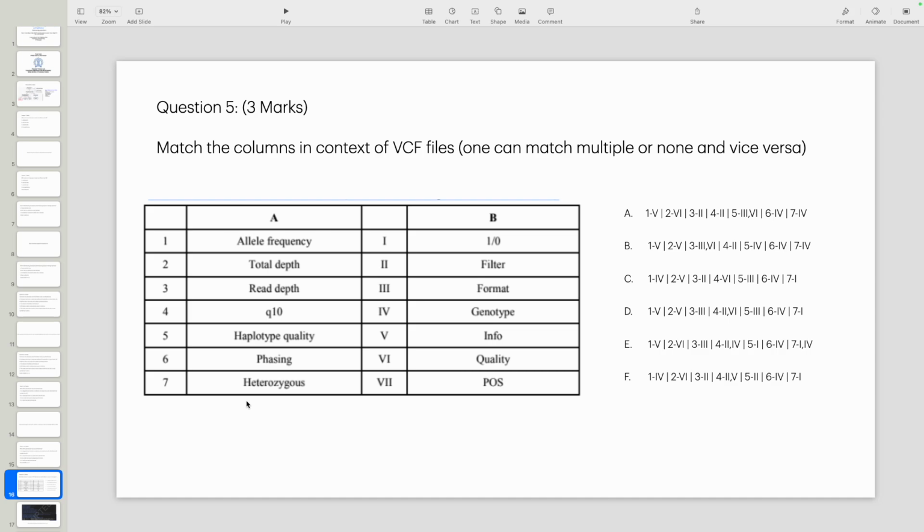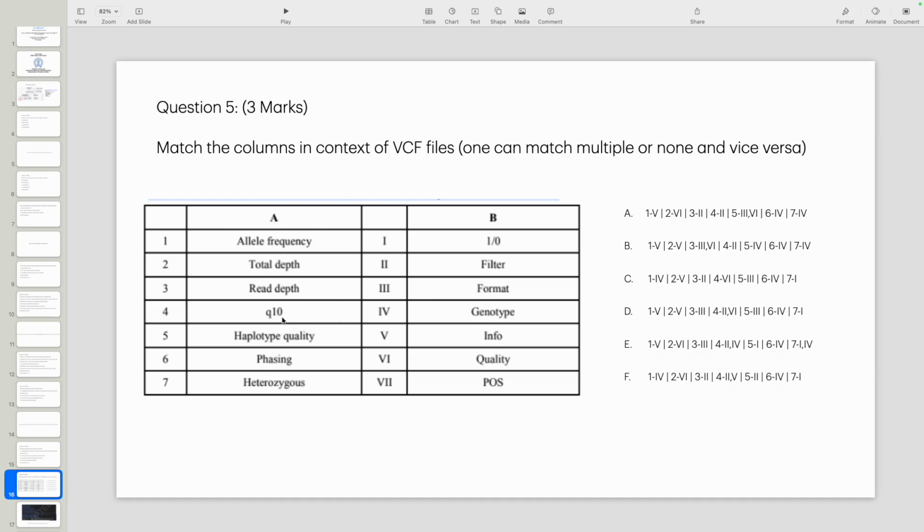Option D is correct. So allele frequency comes under the field INFO. Total depth also comes under the field INFO. Read depth comes under the field FORMAT.